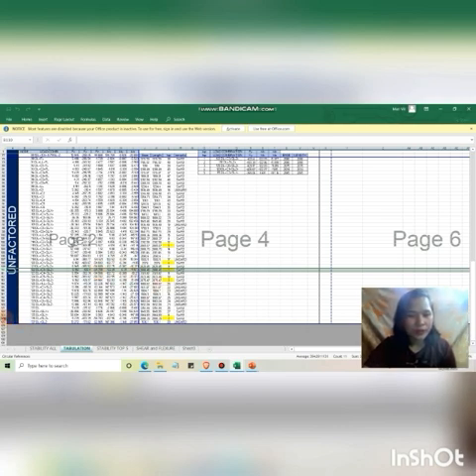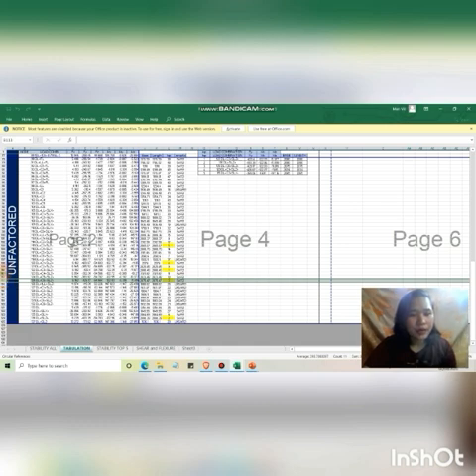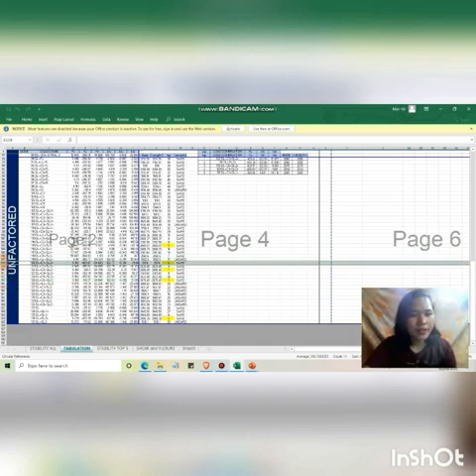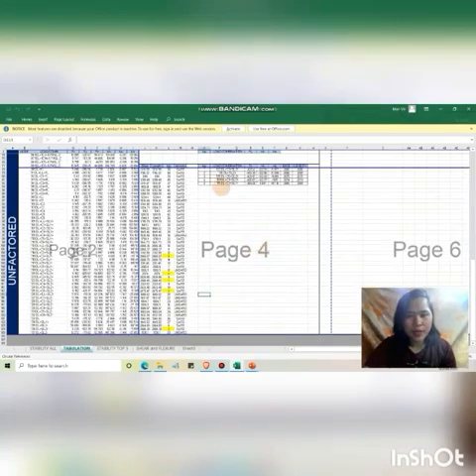For our top 2, we have load combination 136. For our top 3, we have the 125 load combination. And for our top 4, we have this 120 load combination. And lastly, our top 5 is 115. So to summarize, we have this table here.